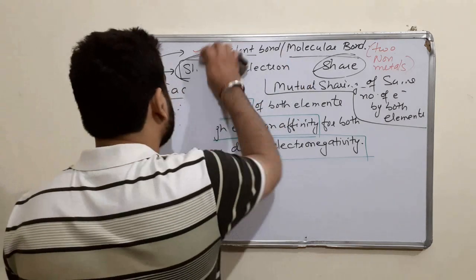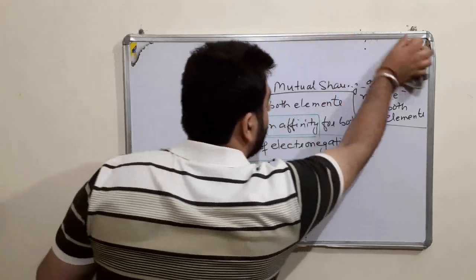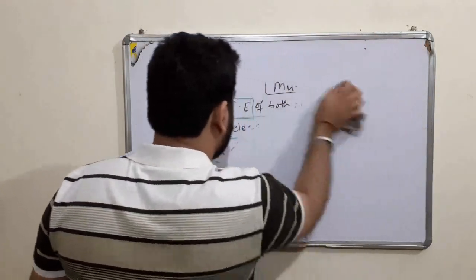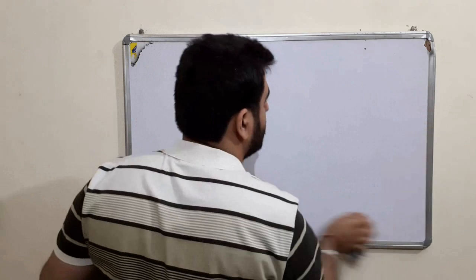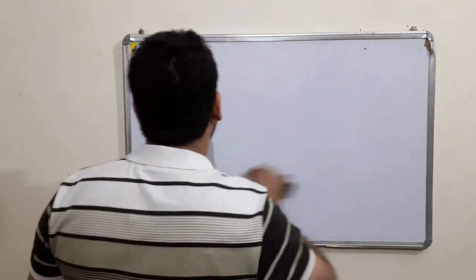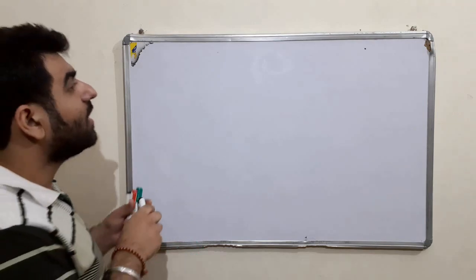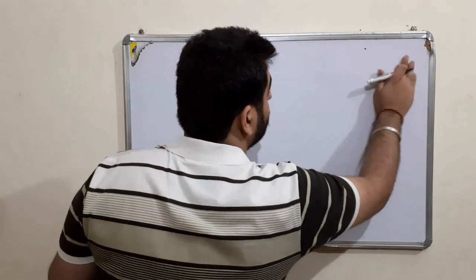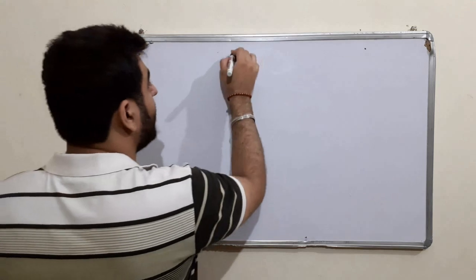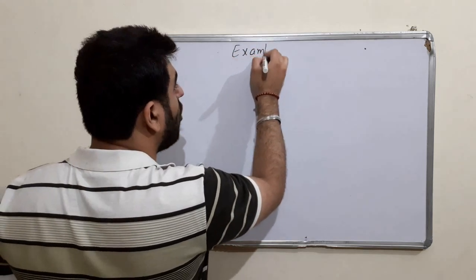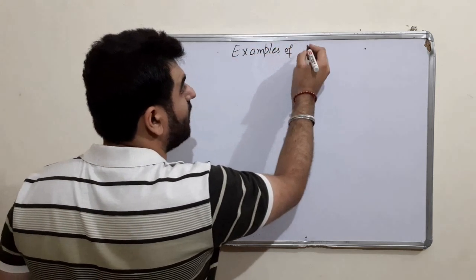Alright, so let us now see some examples. Before that, let me tell you some more concepts about this. Or let us say, see it with the examples only. We are taking the examples of covalent bond.